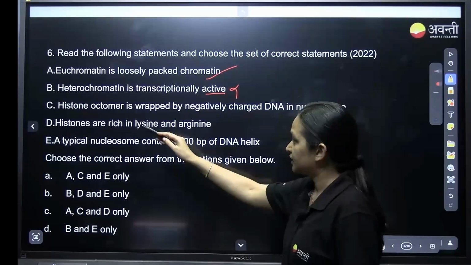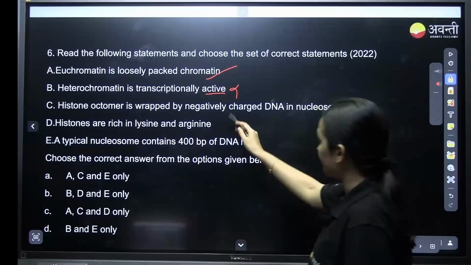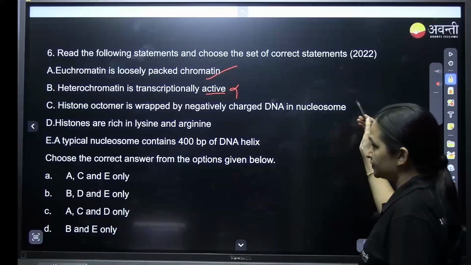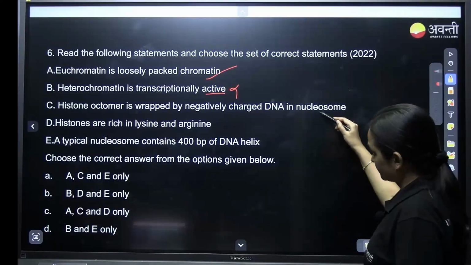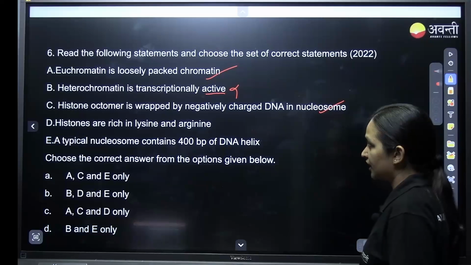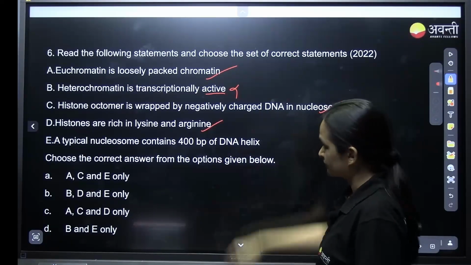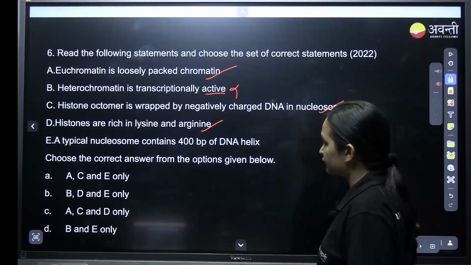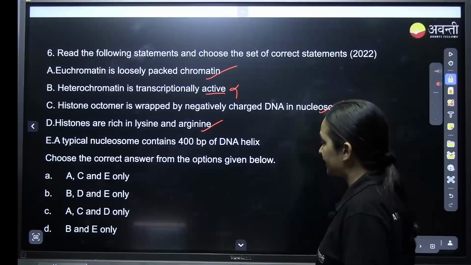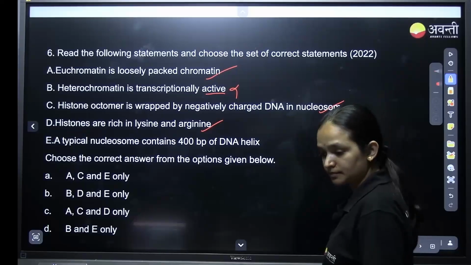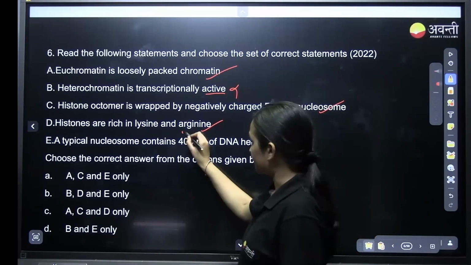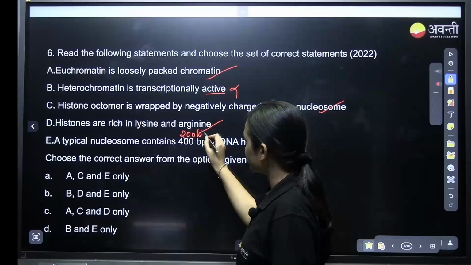Yes. And histone octamer is wrapped by negatively charged DNA in nucleosome. Yes. Histones are rich in lysine and arginine. Yes. A typical nucleosome contains 400 base pairs of DNA helix. Actually it is no, it is 200 base pair.